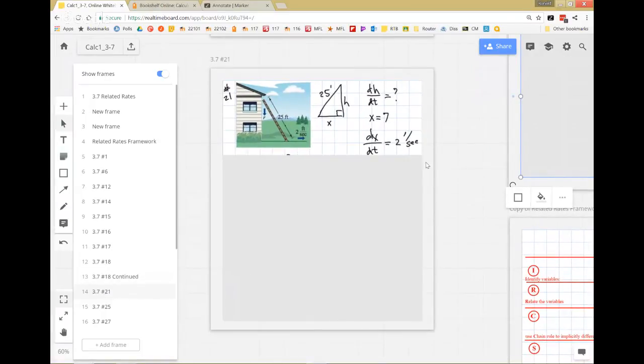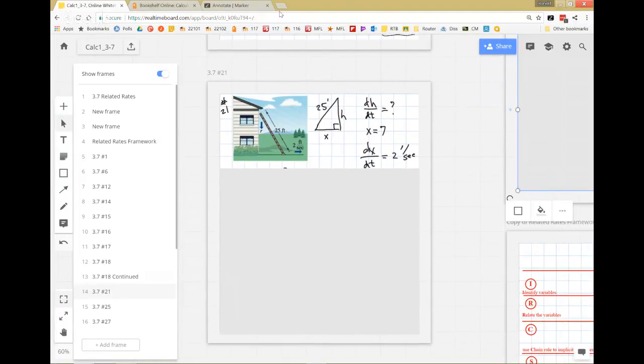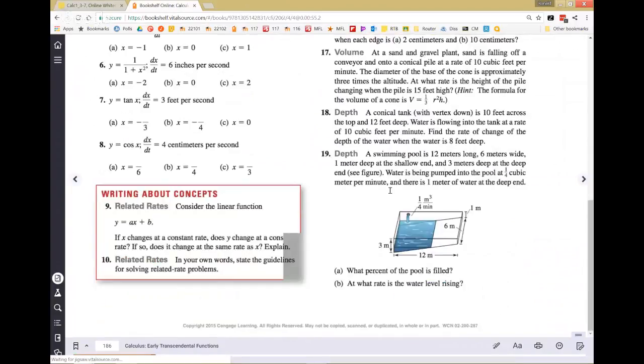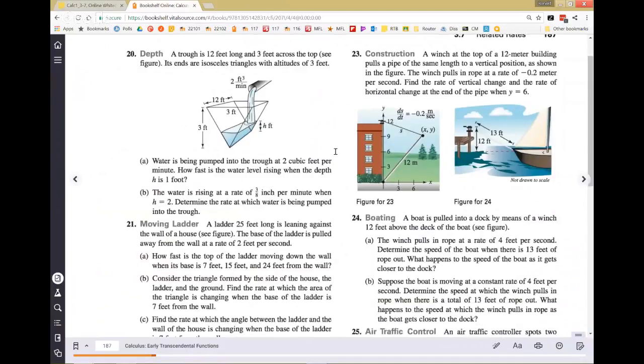So this problem, I copied the picture, and we've got these things that are given. Again, let me go get the text. All right, just take a second. Number 21, moving ladder.